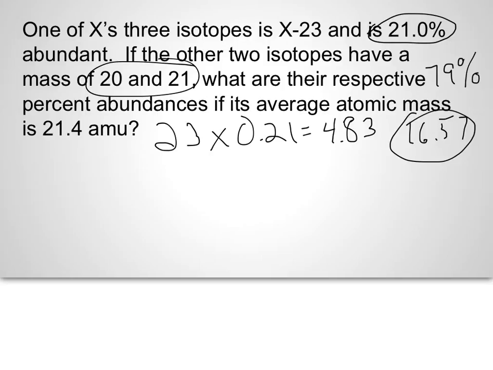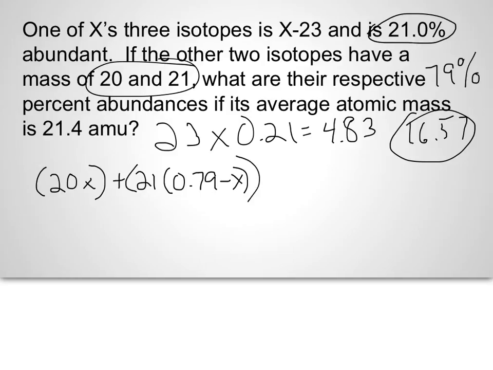So we can use that to say that the mass of isotope 20 times X plus the mass of isotope 21 times (0.79 minus X), because the two have to combine to 0.79, equals the amount of mass that we're looking for, 16.57.